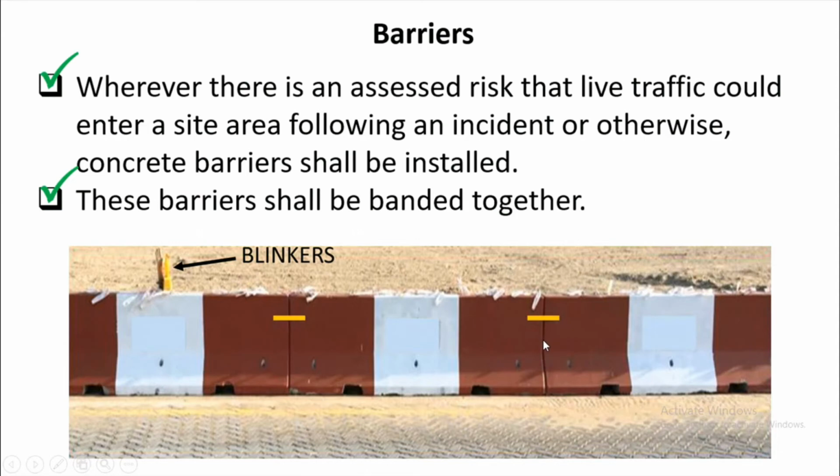There is also lock on it, and make sure that there is a blinkers on a safe distance on the perimeter of these concrete barriers. These concrete barriers is to protect our workers doing the job inside of our work area in case there is sudden collision from the motorists in the live traffic.